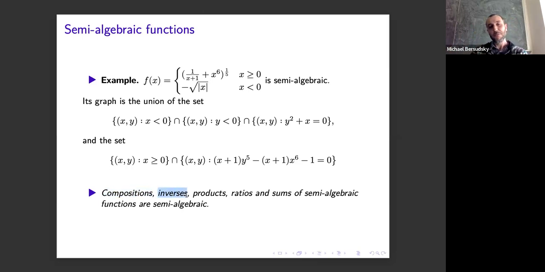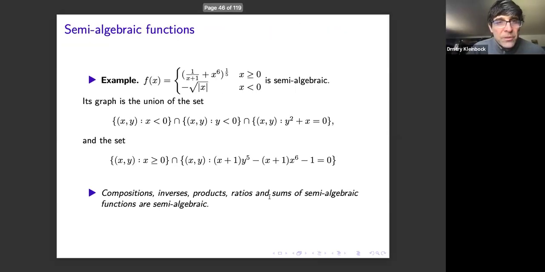If you take an injective semi-algebraic function, the inverse is again semi-algebraic. If you multiply semi-algebraic functions, you get semi-algebraic. Take a ratio of semi-algebraic functions or a sum, that's all semi-algebraic. So it's a very rich collection of functions, very flexible.